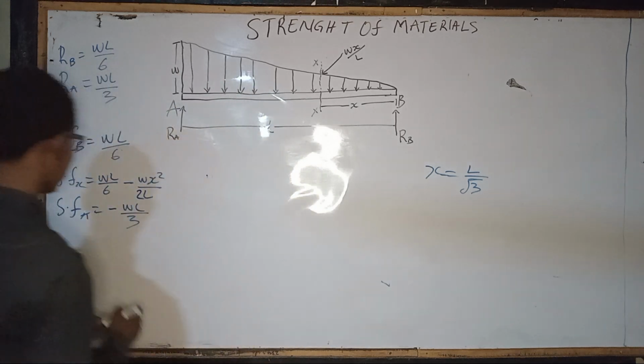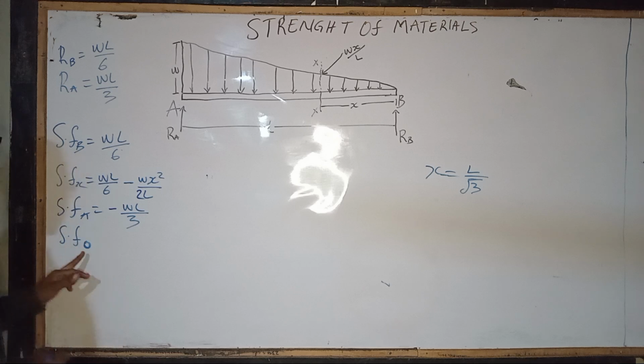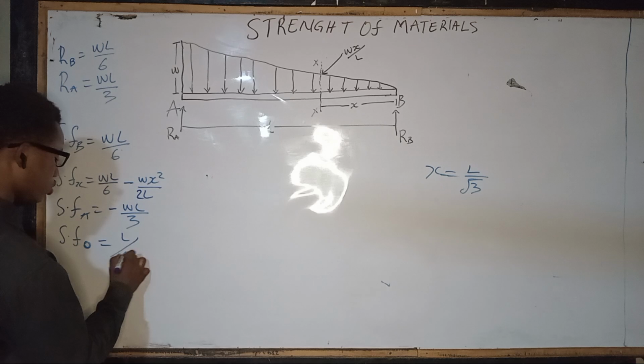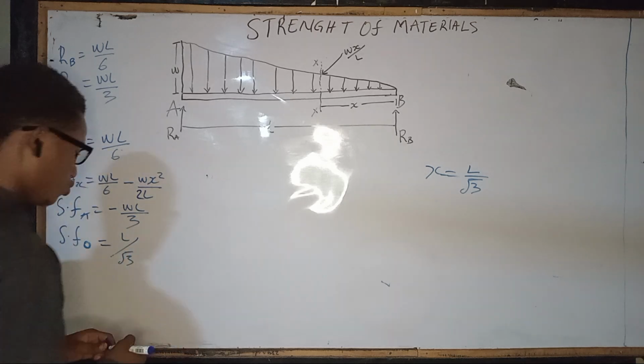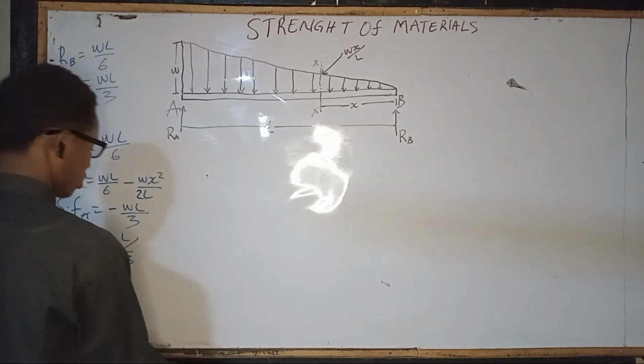So we have the shearing force of x, that is where it is equal to 0, at x equal to L over the square root of 3. So with that, we should be able to get our maximum bending moment.